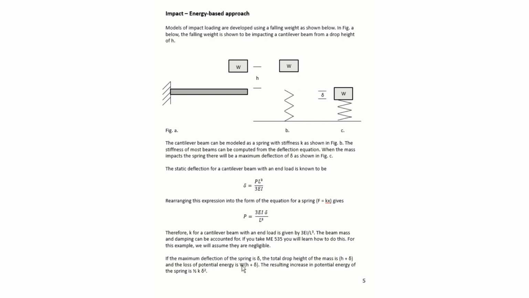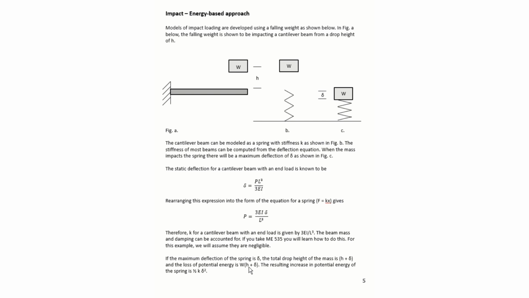So we would have W, which is the mg, times the drop, h plus delta. And the resulting increase in potential energy of the spring, or of the system, is 1/2 k delta squared. We know that from spring mechanics, where the energy stored in a spring is 1/2 k delta squared.